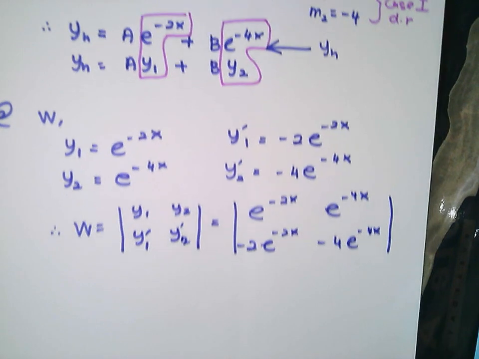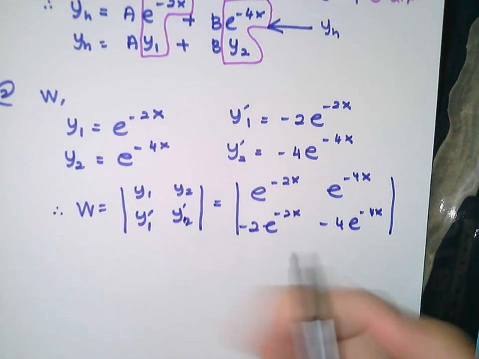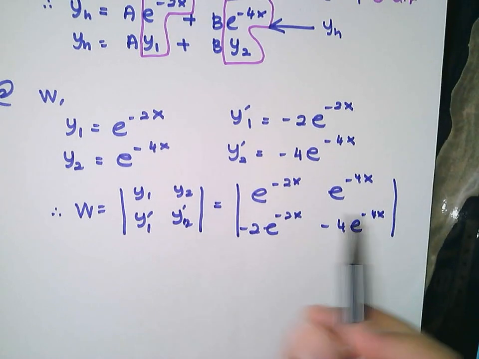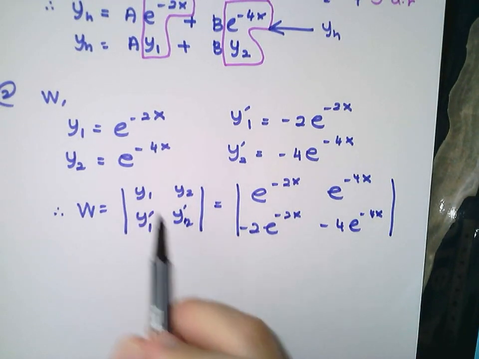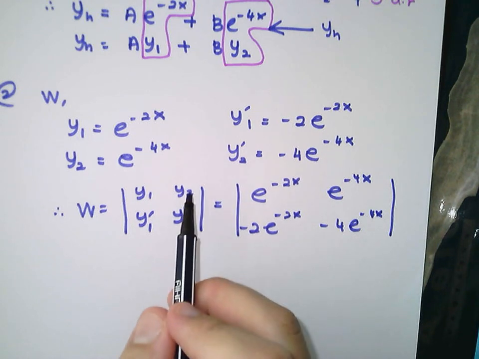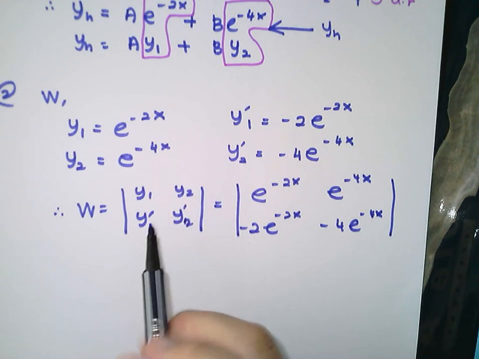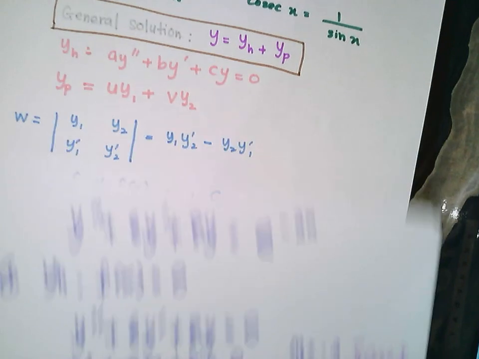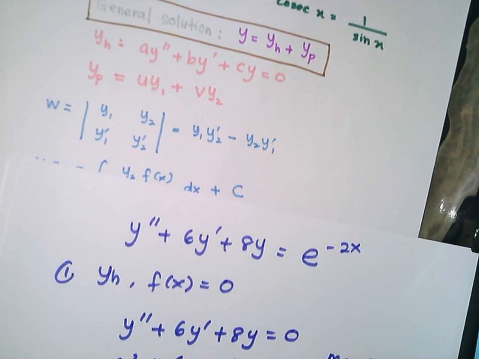Okay, so this is a determinant, right? So y1 multiplied by y prime 2 minus y2 multiplied by y prime 1. I already wrote it here.